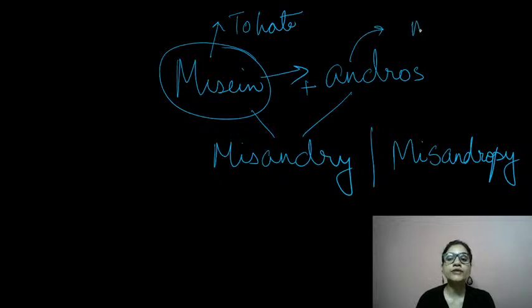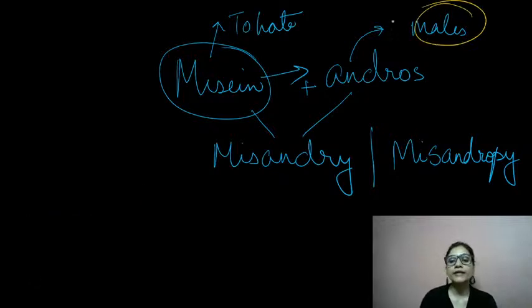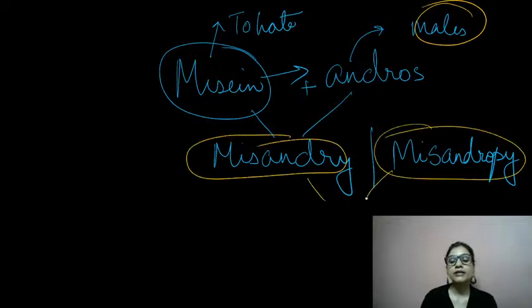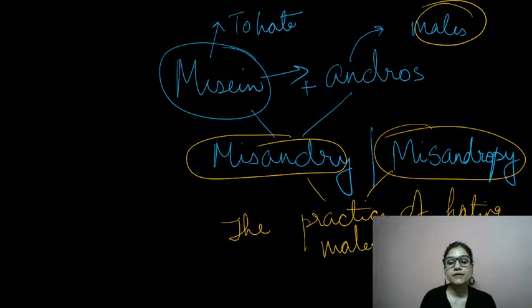So, andros refers to males, and misane means to hate. So, misandry or misandropy is the practice of hating males. Practice of hating males is misandry or misandropy. Right? This is called the practice of hating males.